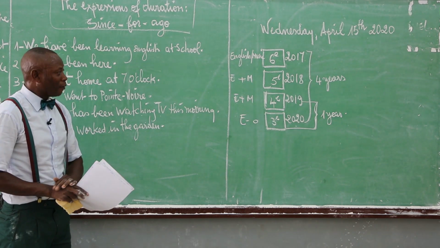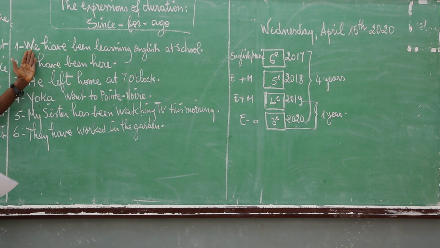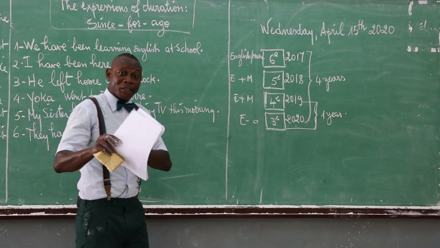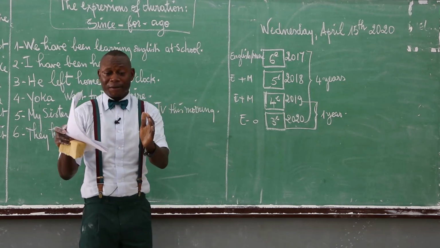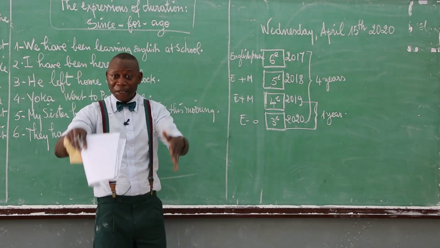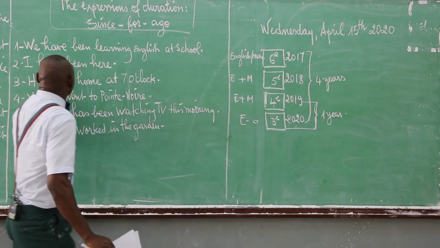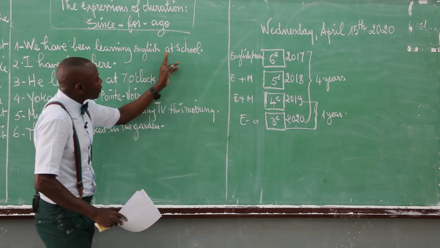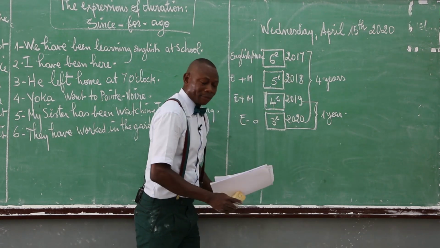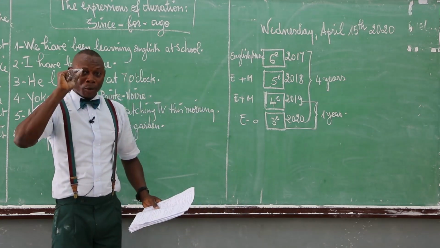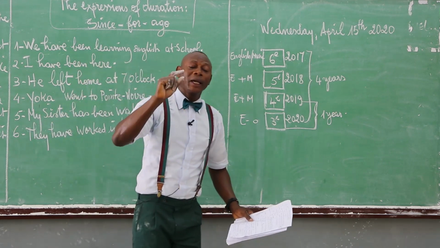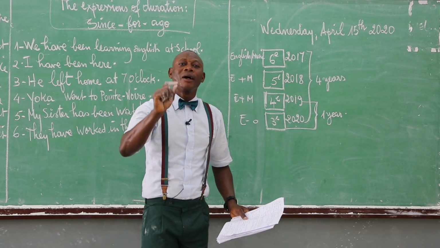What I'm going to say, I'll give an example. Here, I say that I have been learning English as far as you are concerned, okay? You started learning English in 6th, and until now, you are studying English, okay? So we say that we have been learning English at school since 2017.